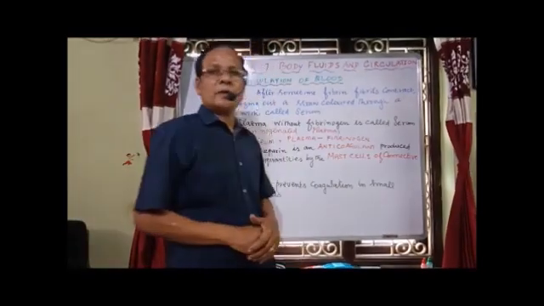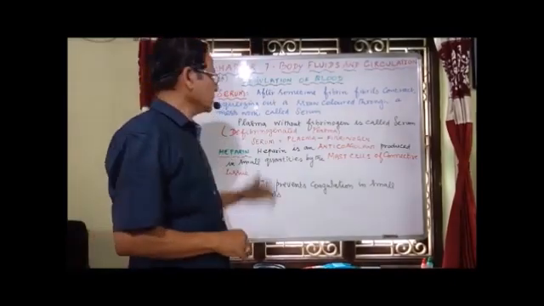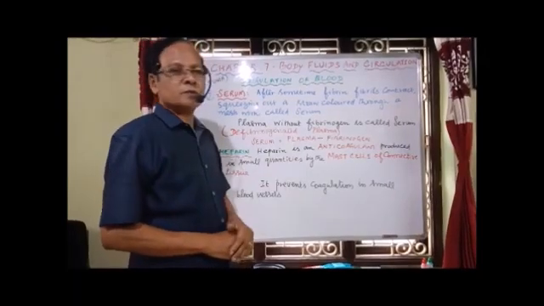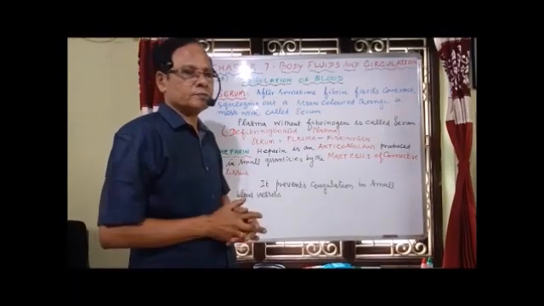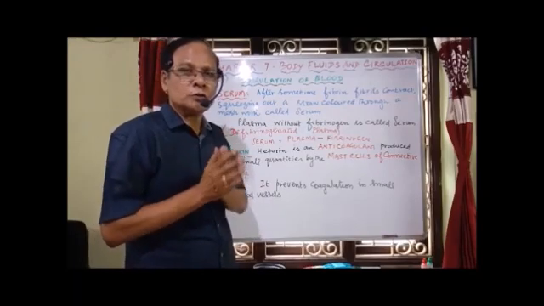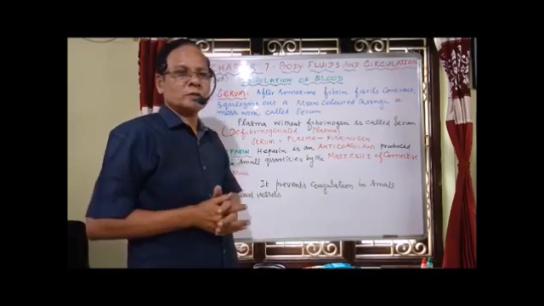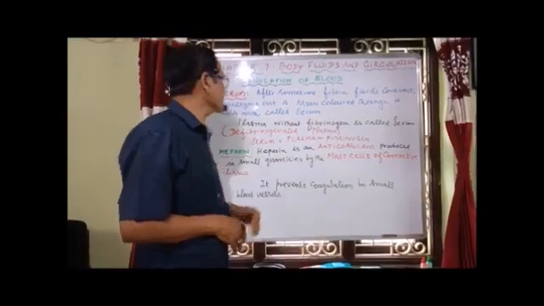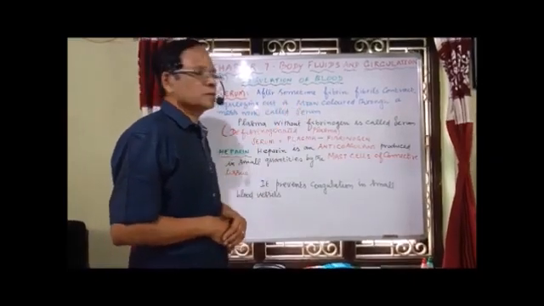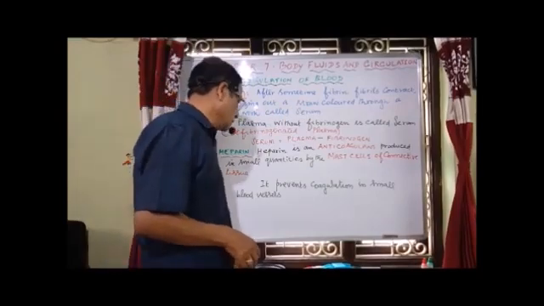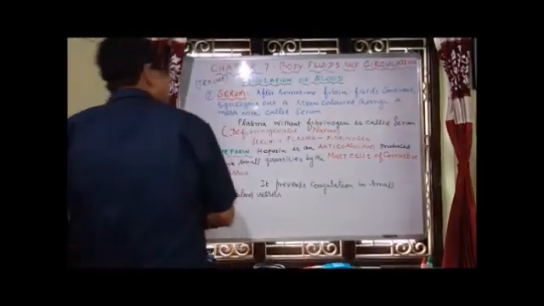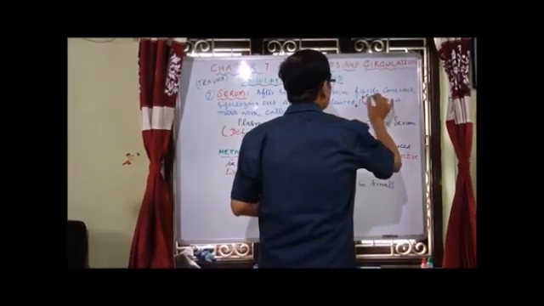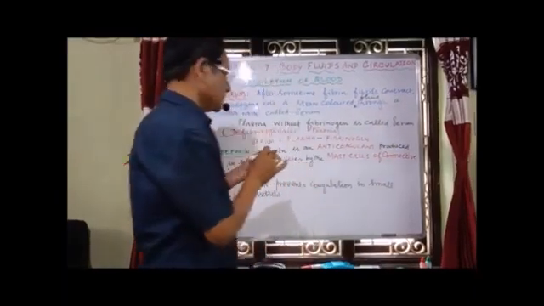Now what will happen after the formation of clot? The next step is formation of serum. After some time, the fibrin fibrils contract, squeezing out a straw-colored fluid through the meshwork, called serum.